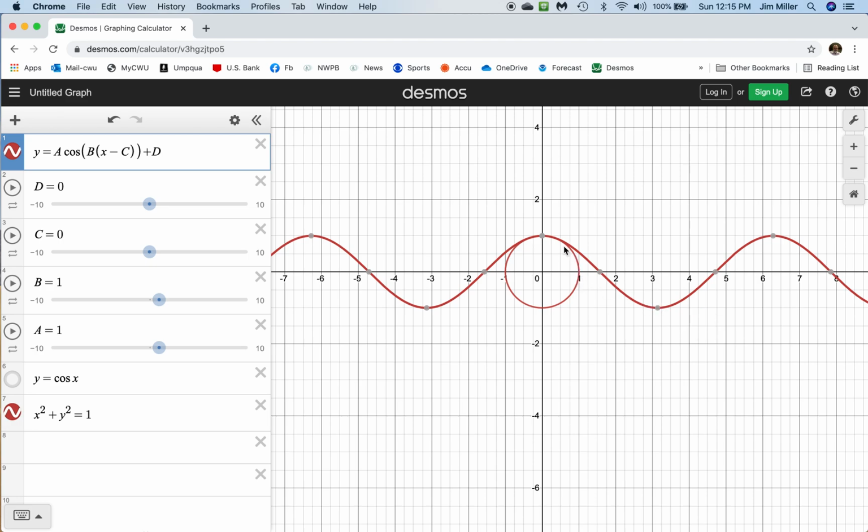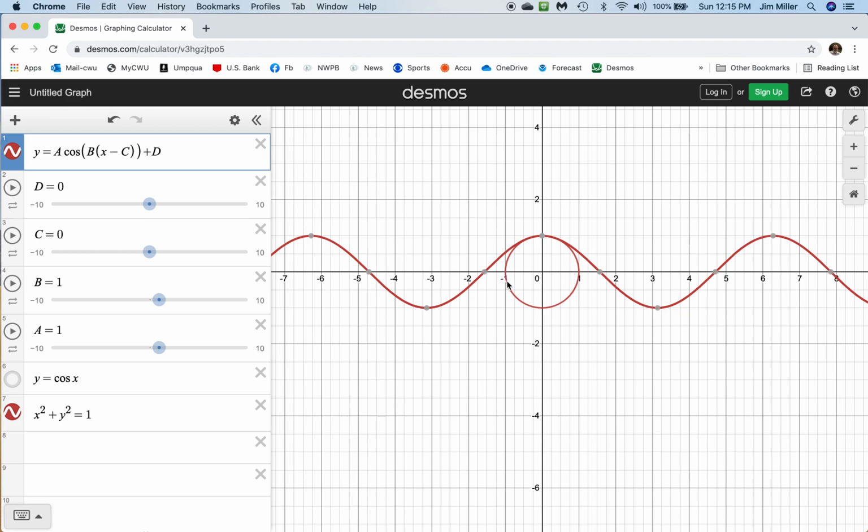Think of this circle's circumference laying right here. So that length stretched out straight goes to here, and the cosine value, which is the x-coordinate, went from 1 to 0. And now if I keep going around the circle, the cosine continues to go negative and goes clear to -1.